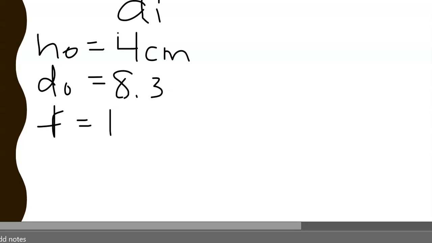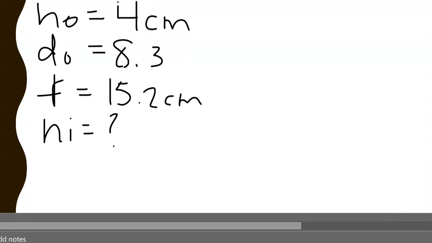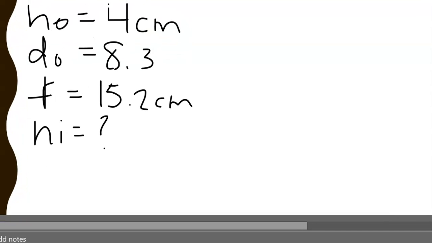Since it gave it all to us in centimeters, that's okay. Distance of object was 8.3 centimeters. And our focal length was 15.2 centimeters. And we need to find HI, and we need to find DI. So we need to figure out what this image is going to be.